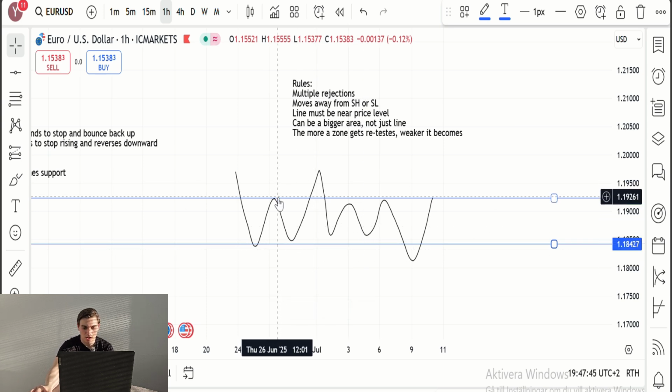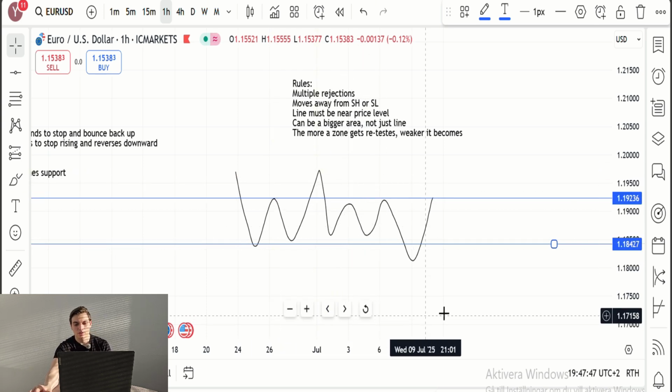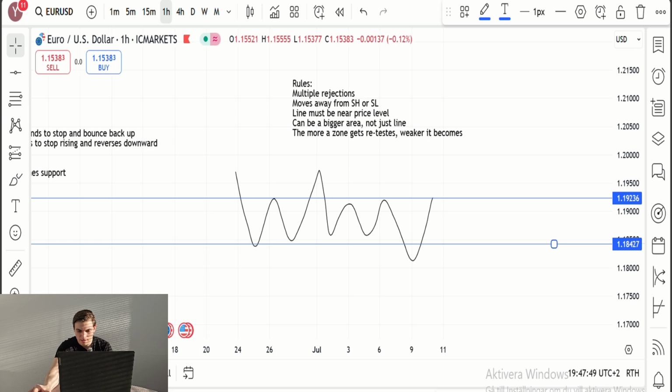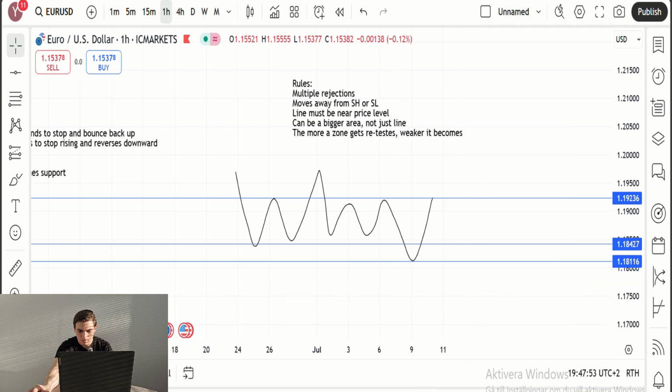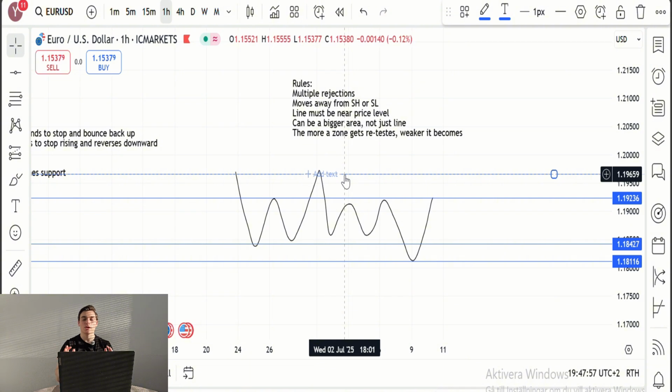And the resistance has 1, 2 and 3. You don't put this as a support or this right here as a resistance, because it has only 1 rejection.